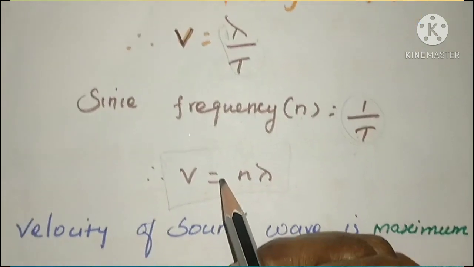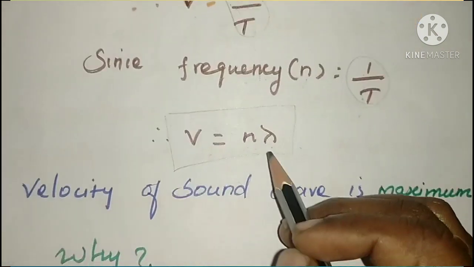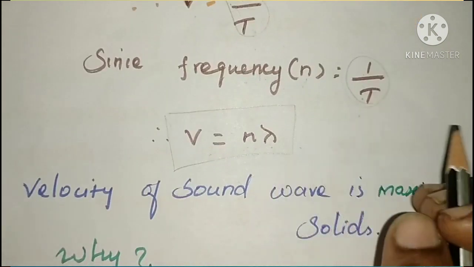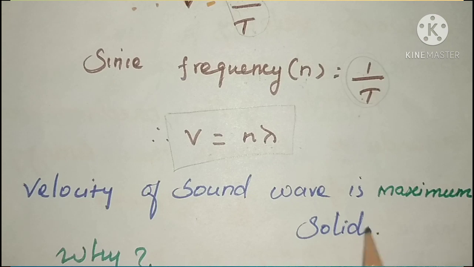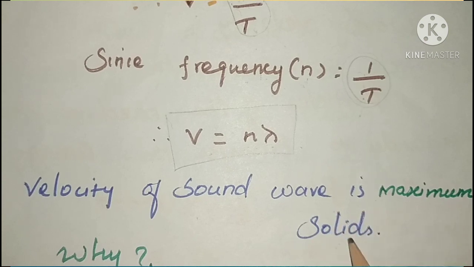Now, what about the velocity of sound in different media? The velocity of sound is maximum in solids. You know the three types of matter: solid, liquid and gases. Among them, the velocity of sound is maximum in solids. Do you know why?